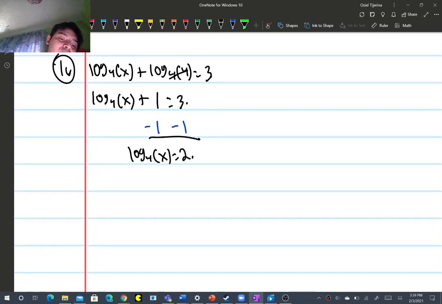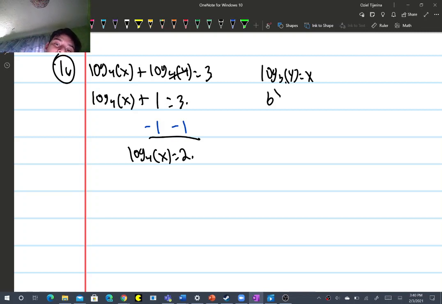So log base 4 of x is 2, so you can use your properties of logarithms, or your exponent rules. Since log base b of y equals x, that means b to the x equals y, so 4 squared equals x.